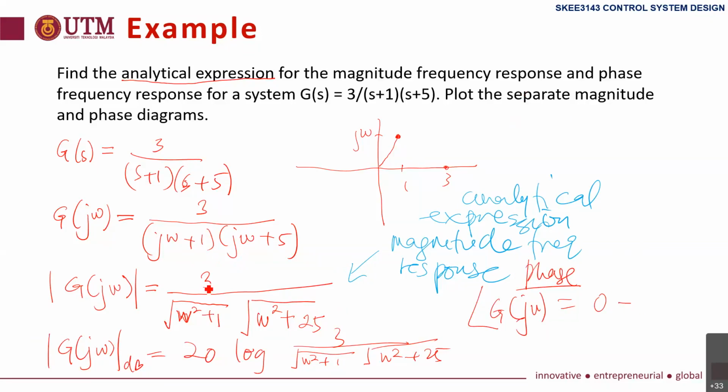In angle, if we divide, that means we subtract. Minus tangent inverse omega over 1, that means omega, plus tangent inverse 5 omega over 5. I add here, and then 0 minus all together: omega over 1, omega over 5.